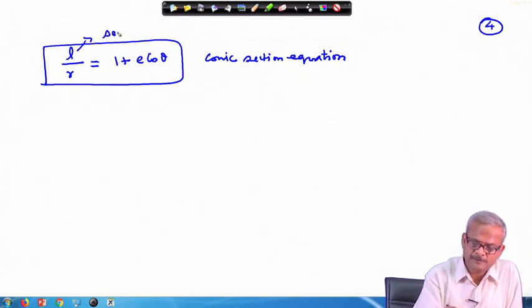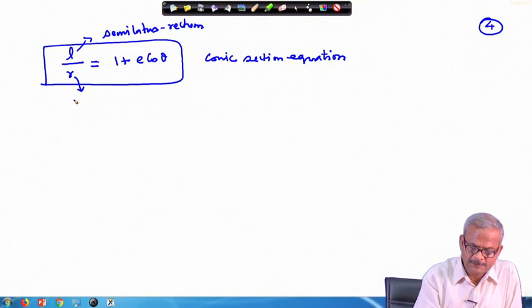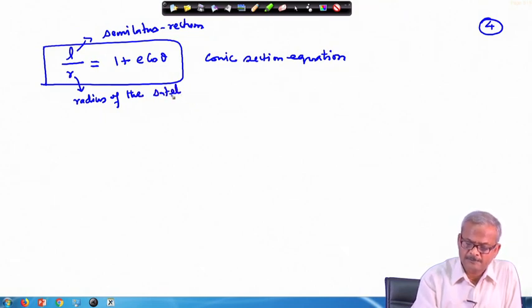This is called the semi latus rectum, and r is obviously the radius of the satellite orbit, and this theta I will change it to phi.